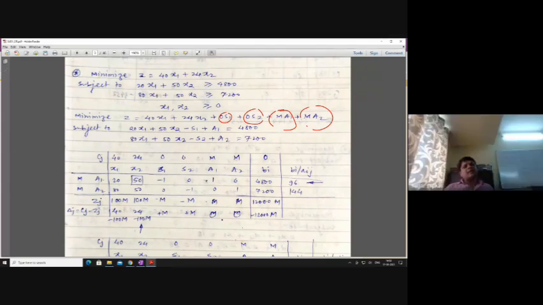Does everyone understand the largest negative? Yes, sir. Minus 100 M itself is a very big amount, very close to infinity. Now, if that is subtracted from some positive amount, say 40, you will get a negative value.